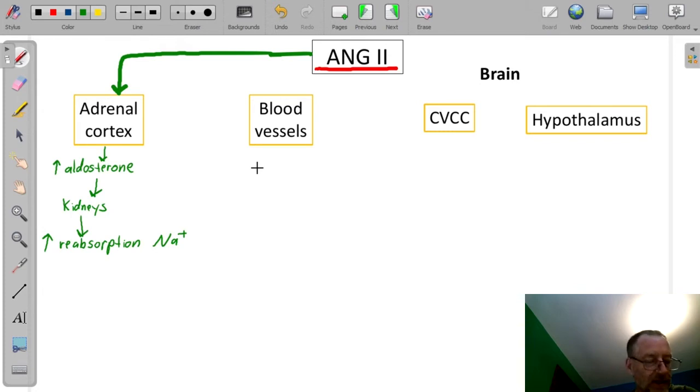That's the connection. So with an increase of sodium, that leads to an increase in blood volume, and that leads to an increase in blood pressure.